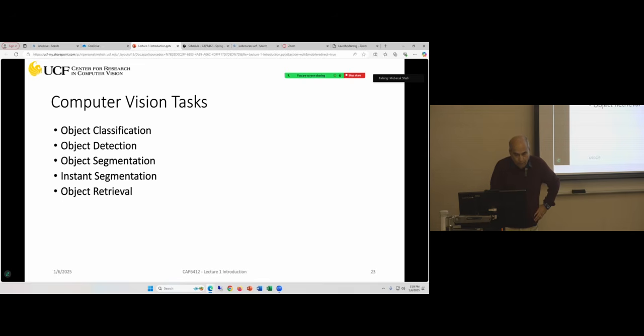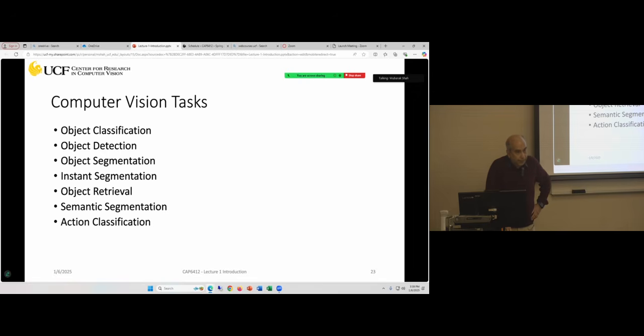We can retrieve a particular object based on text. We can do semantic segmentation, assigning each pixel a label, say sky, building, road, or airplane. In video, we can classify actions, do tracking from frame to frame, and so on. These are the standard computer vision tasks.